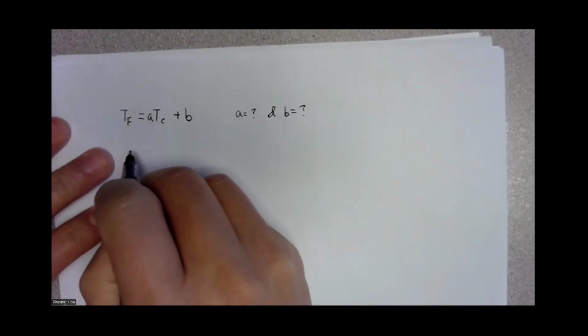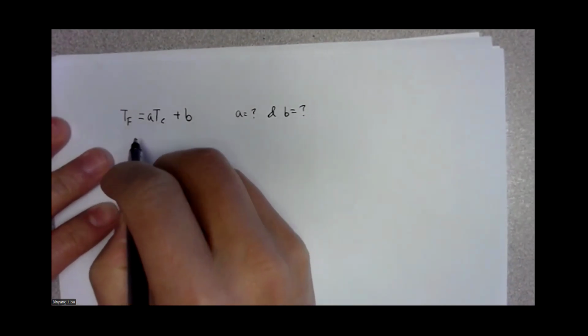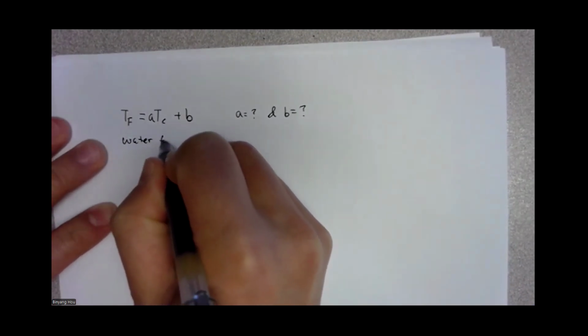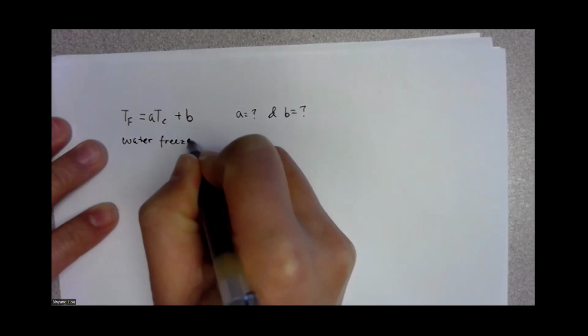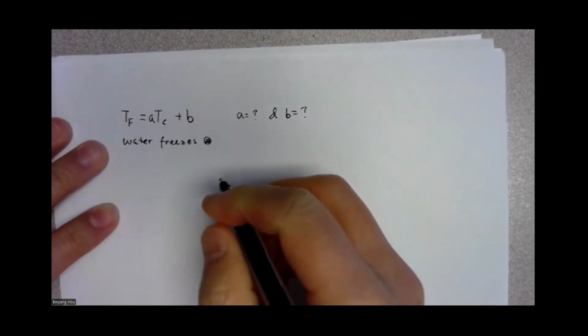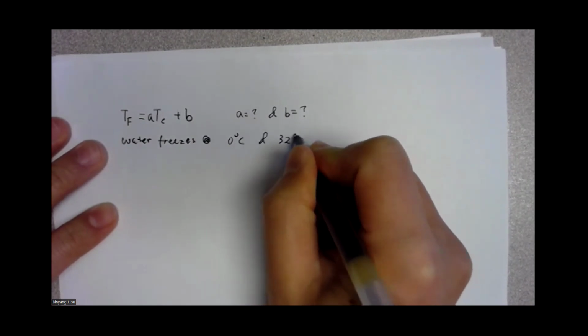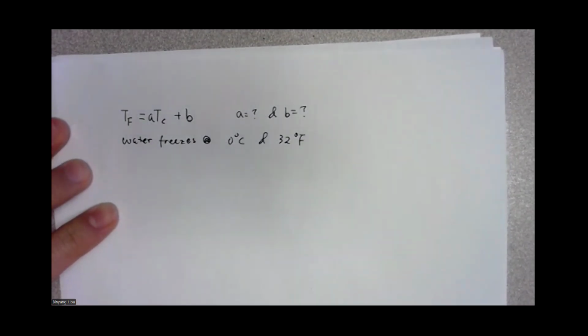And we are using two physical events as our references. So water freezes at 0 degrees Celsius, and also in Fahrenheit, it's at 32 degrees, okay?